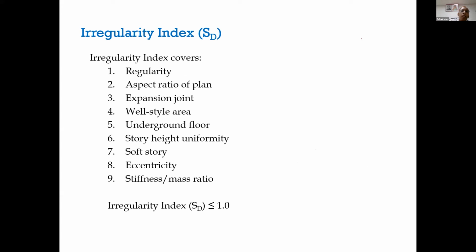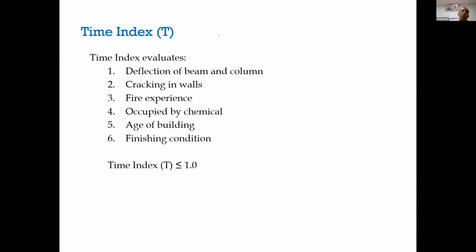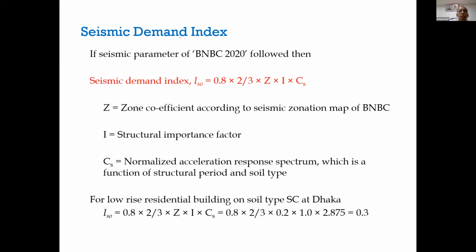And SD, I said the irregularity index, is used to modify the E0, and also the time index T is used for modification of the E0. And after getting SD and T, we finally calculate the IS. And another issue is ISO.